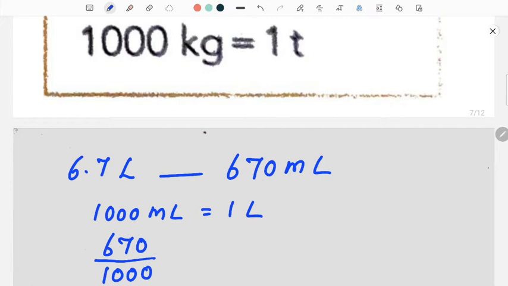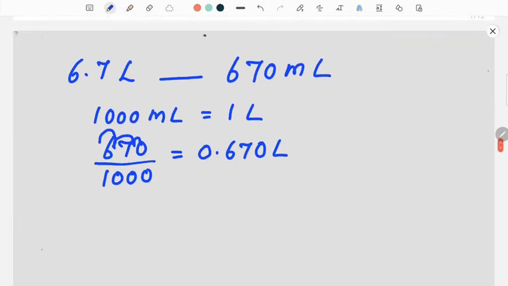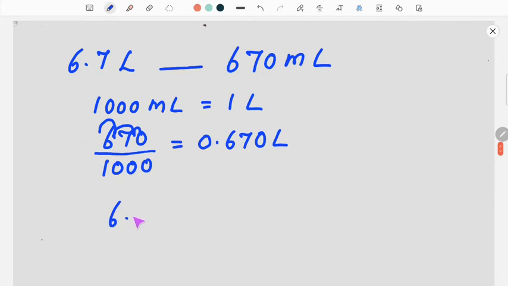Division by 1000 means shift the decimal 3 places to the left side. So 1, 2, 3, which is equal to 0.670 liters. So we can write this as 6.7 liter and 0.670 liters.